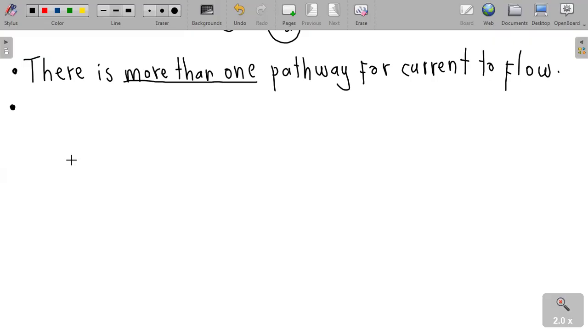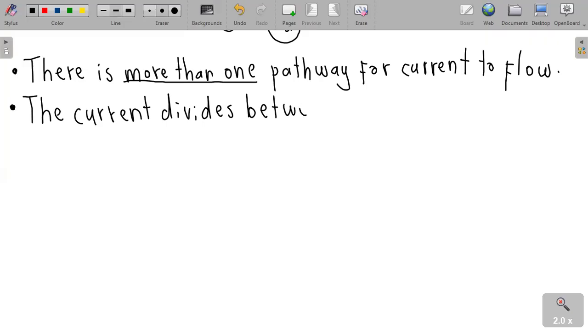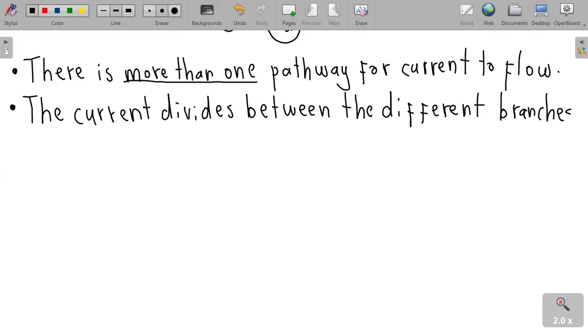And the second one is that the current divides, as you've seen there, when it goes in different directions, it divides between the different branches.